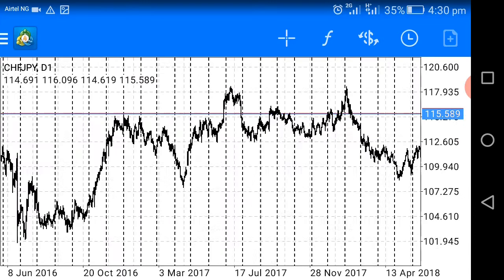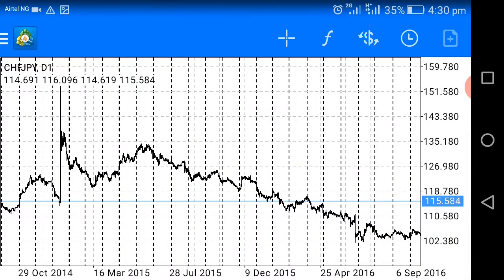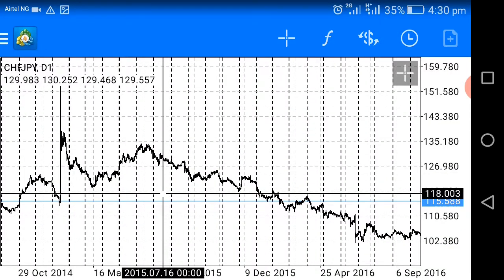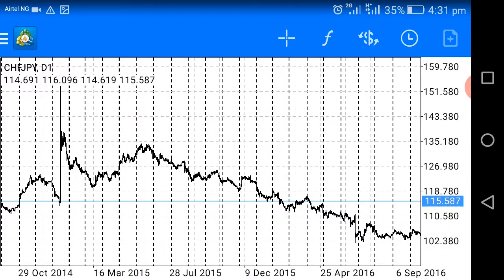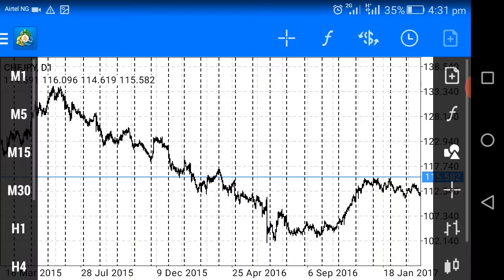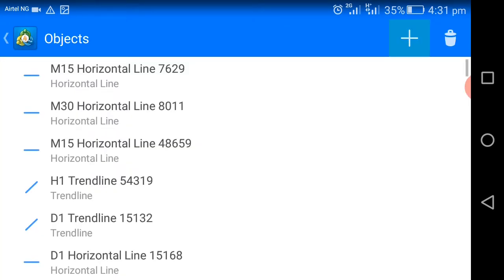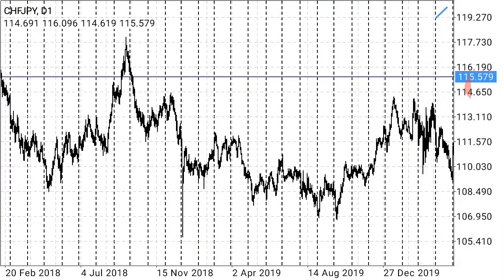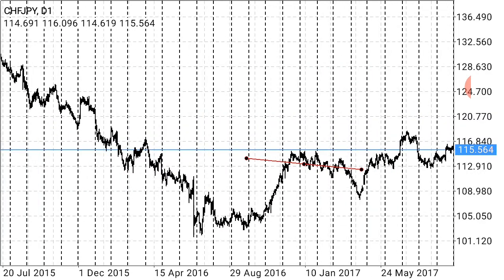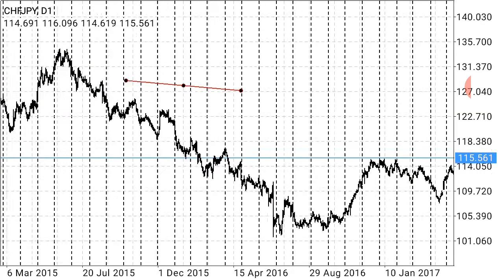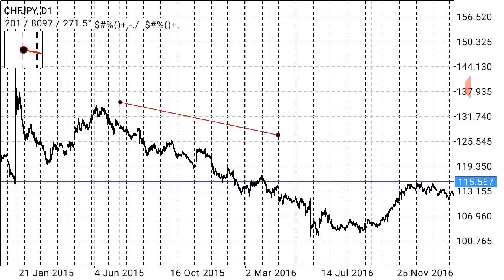Looking at this chart now, at this particular place, I'm seeing something here. So what am I gonna do? I'm gonna pick my trend line. If you are using phone, you need to be a little bit patient, because sometimes when we draw this trend line, it will take you back.